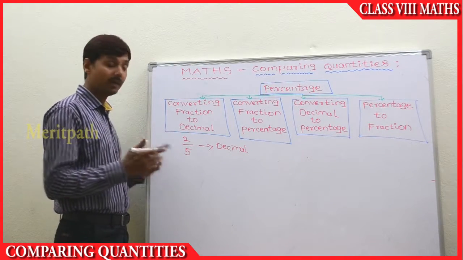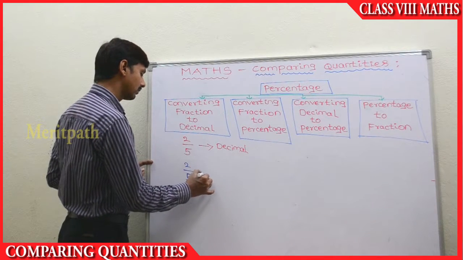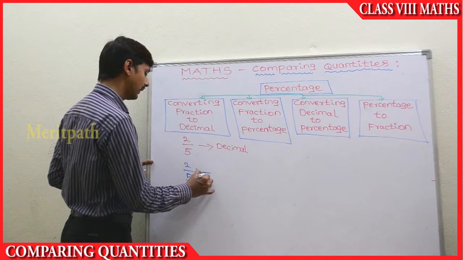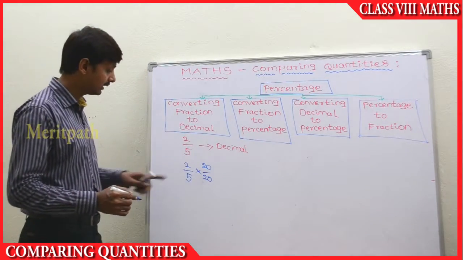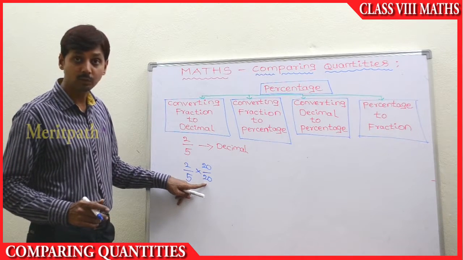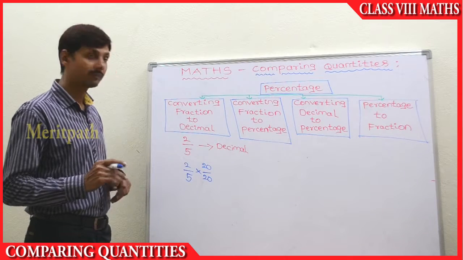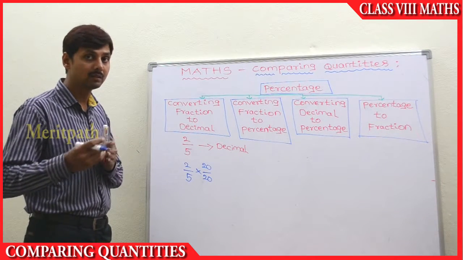That is, 2 by 5 can be written by multiplying with the constant number 20 in both numerator and denominator. The reason for multiplying by 20 is that 5 multiplied by 20 gives 100, because we need to get the decimal form.